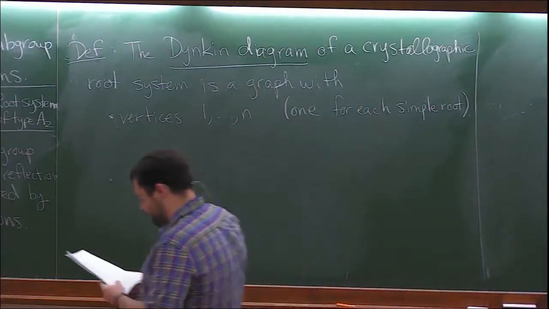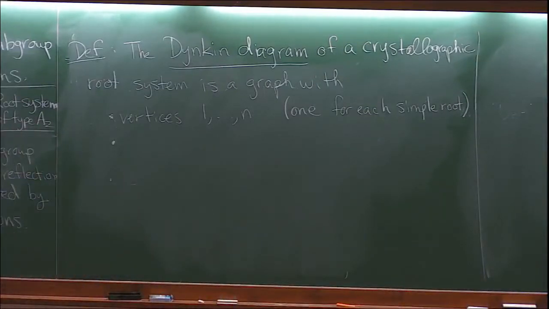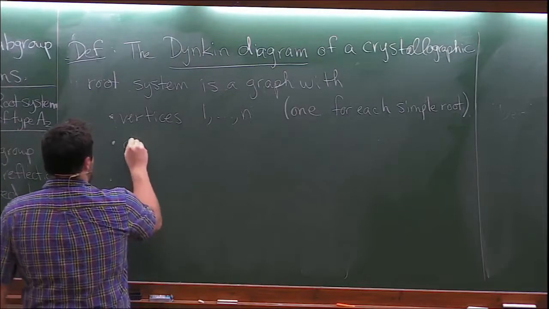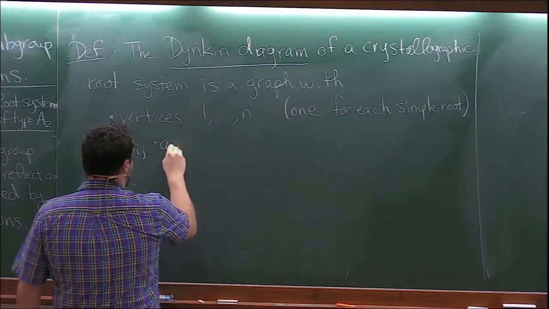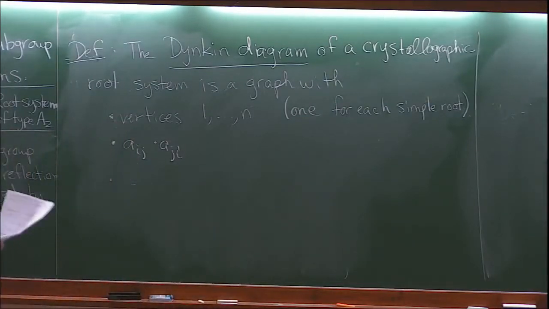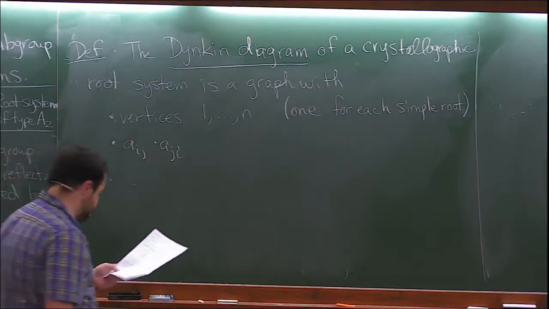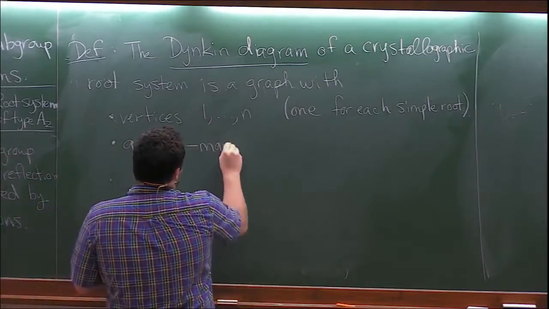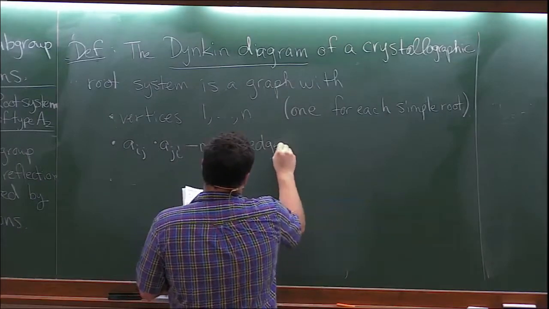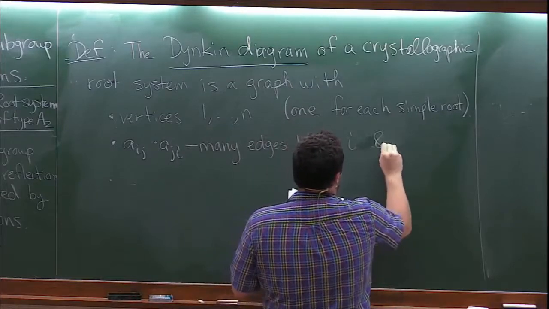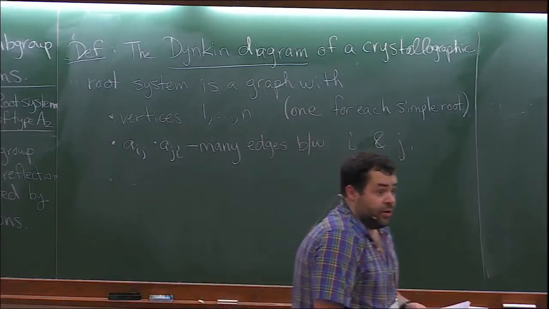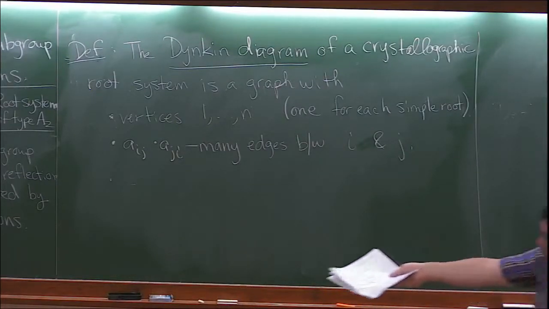And the number of edges that I have is exactly these products: A_ij times A_ji many edges between vertex i and vertex j.